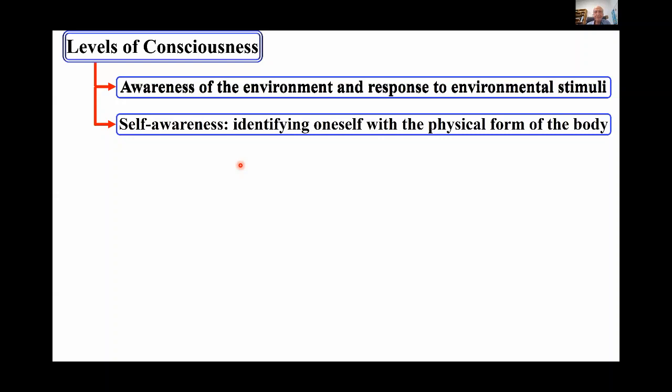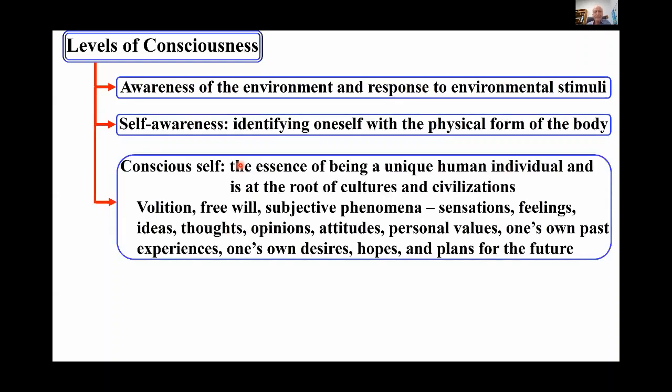The third and higher level of consciousness is that which is referred to as the conscious self. And this is the essence of being a unique human individual and is at the root of cultures and civilizations.